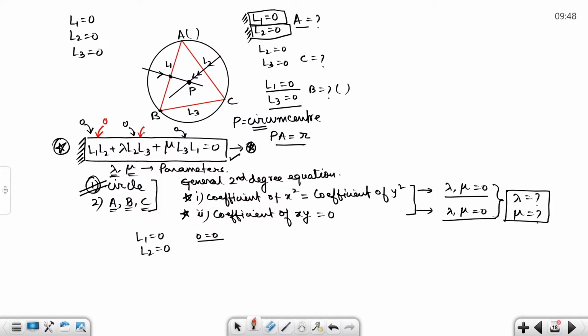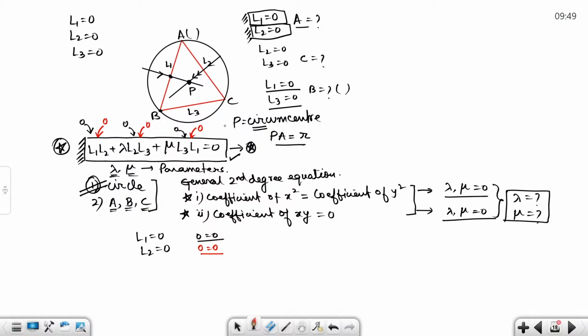L3 is 0 means this part becomes 0. And as L1 is 0, again this part becomes 0. So again we are getting 0 equals to 0. It means that point B is satisfying this equation of the circle. Hence, it proves that the circle is definitely passing through the point B. Am I correct or not?